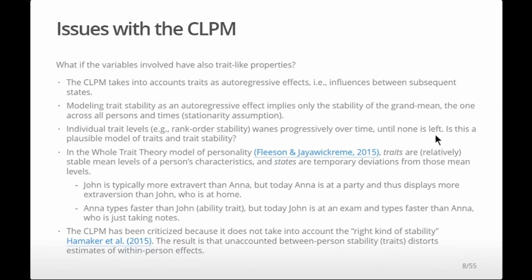Assuming stationarity in this framework means that you assume that the grand mean of anxiety, our global anxiety, the average of our anxiety across people and across time, is the same over time. It doesn't change. But it doesn't assume that, for example, I'm more anxious than Jamie, and this stays stable. This is not anywhere here. These innovations, no matter how small, accumulate over time. So at some point, any rank order stability between us will be gone.